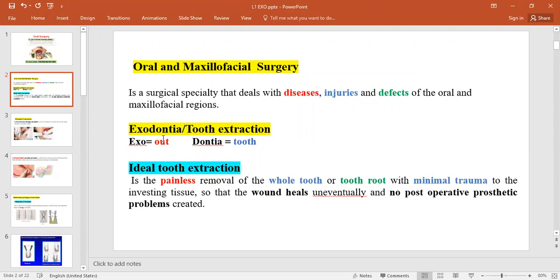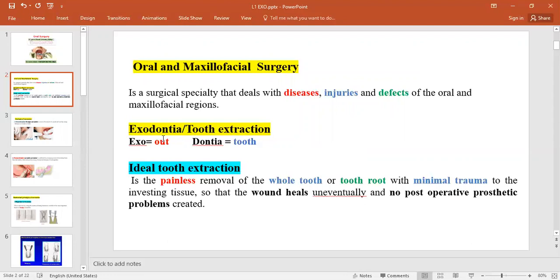So it is painless removal of the whole tooth or root, with minimum trauma to the investing tissue. There is always trauma. Extraction is traumatic. However, the dentist or the oral surgeon must do his best to make the area least affected by a traumatic procedure.